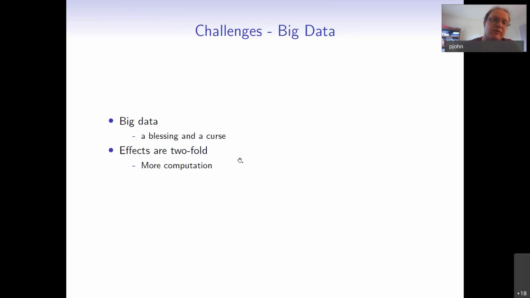But from a computational point of view, you then have to worry about dealing with bigger data sets and bigger models. You have to do more computation. You also have to worry about things like memory, and that's often the real bottleneck: pressure on the memory system. These are the sorts of things you have to think about when designing these algorithms.